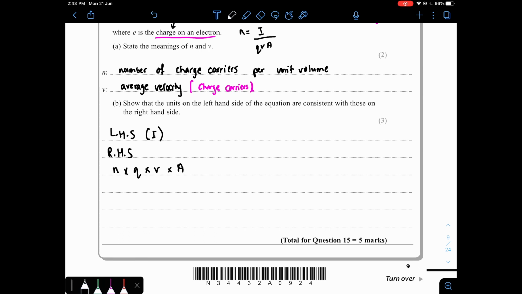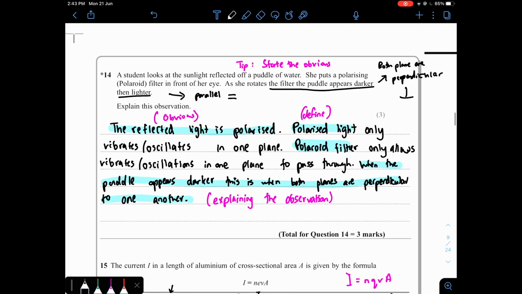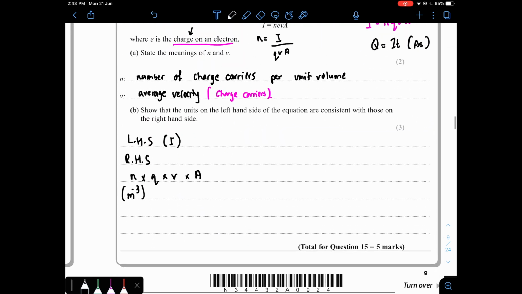Now we know n is per unit volume, a number over unit volume. So that must be meter to the minus 3, times Q. Q is charge. We know Q is It from before, and the base units are A s. We concluded that from the previous question.